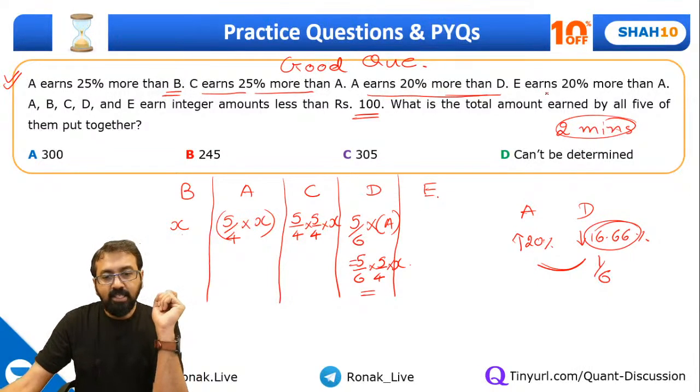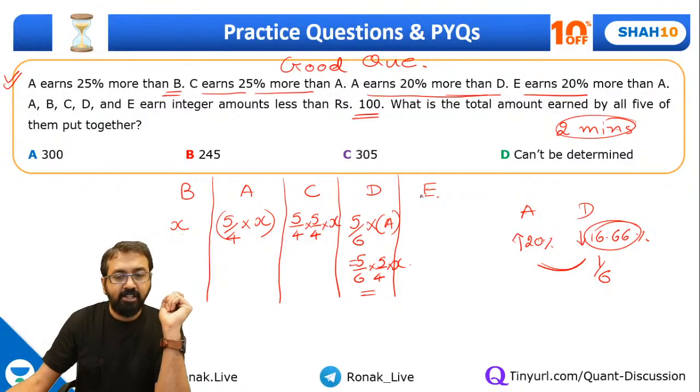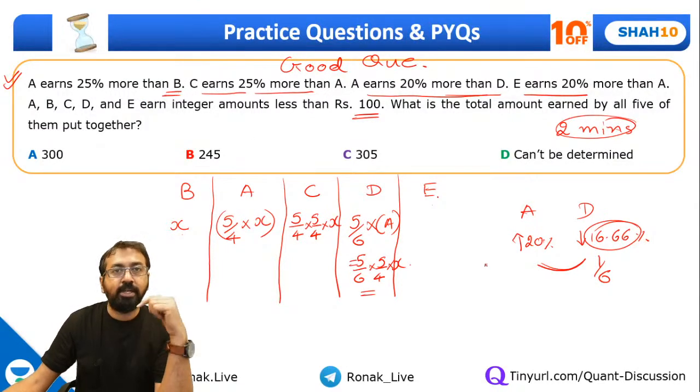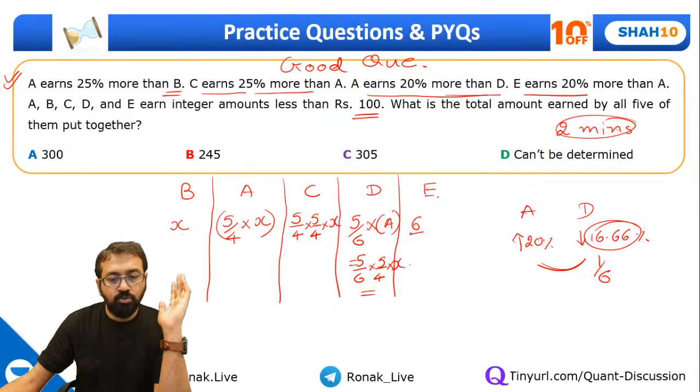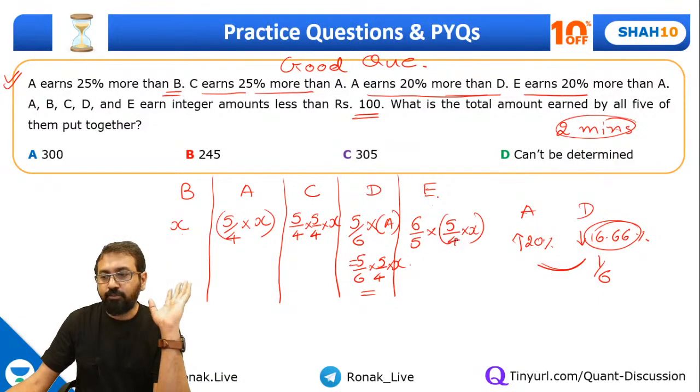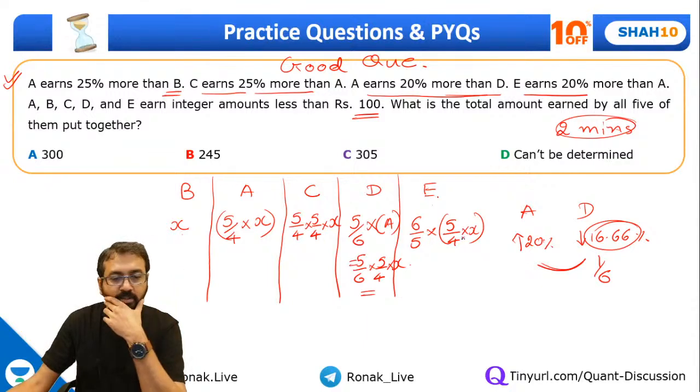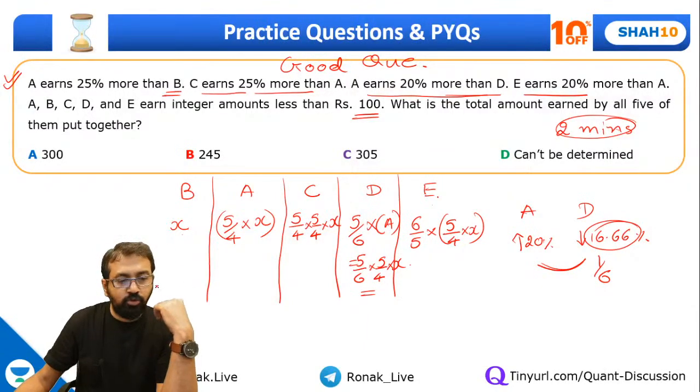Now what is E? So E earns 20% more than A, right? Matlab 1.2 times A. So the fraction equivalent of 1.2 is 6 by 5. So E is equal to 6 by 5 into A. What is A? 5 by 4 into X. So this is how you can write. Okay, everyone, so now what values do we have?